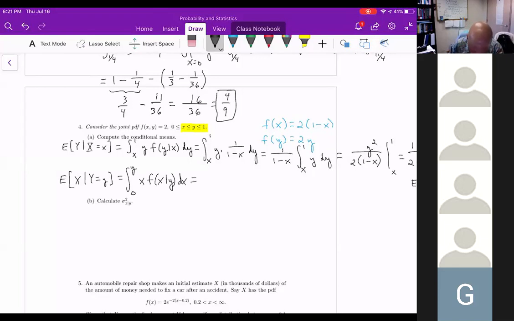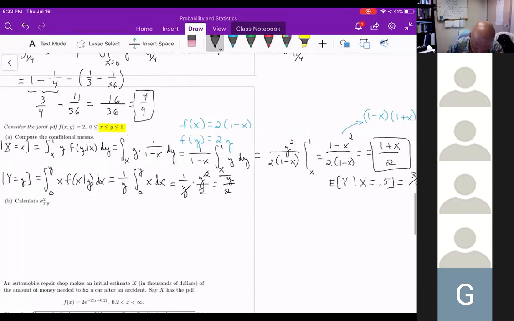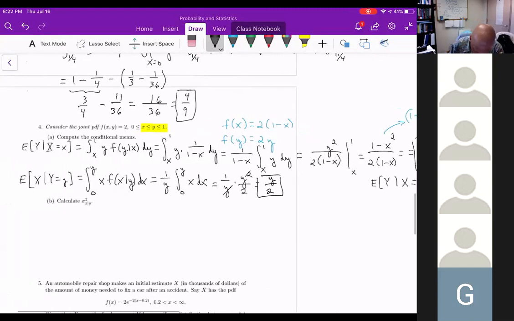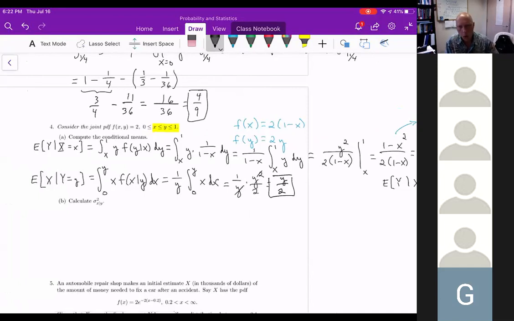So this integral is 1 over y times the integral of x dx, which gives you 1 over y times y squared over 2. One of the y's disappears, and you've got y over 2. So that is your conditional mean of x given some y value.